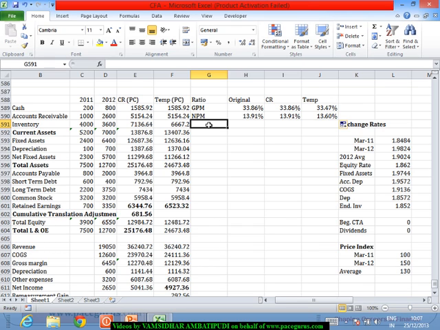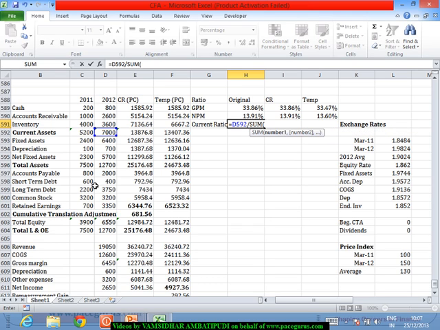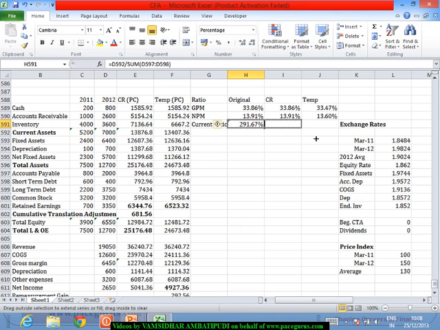So when I take a pure balance sheet ratio like debt to equity ratio or current ratio, I take current ratio in the original: current assets divided by current liabilities. I take the summation of accounts payable plus short term debt. So in the original, this is the current ratio.